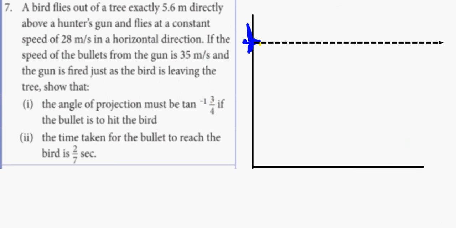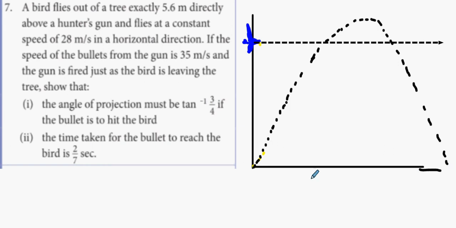Now, there's a problem. Can anybody tell me what does the Vx have to be to make this work? It has to be the same as the bird. Why does your Vx have to be 28?